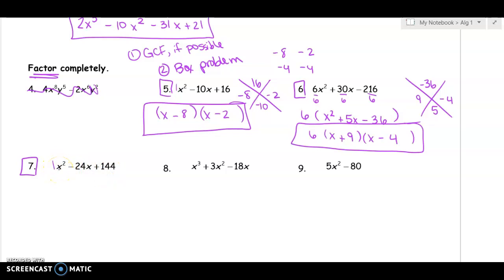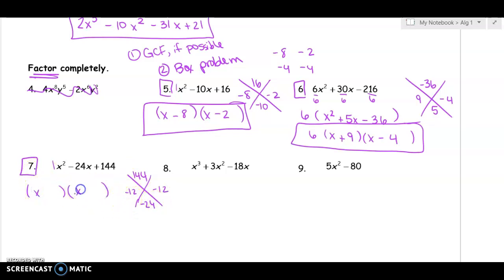So we don't have to worry about step 1. Step 2 is a box problem. It's got to multiply to be 144 and add to be negative 24. Again, because it's got to multiply to be positive but add to be negative, you got to think of negative numbers. The two numbers are going to be negative 12 and negative 12. Those multiply to be positive 144, and they add to be negative 24.